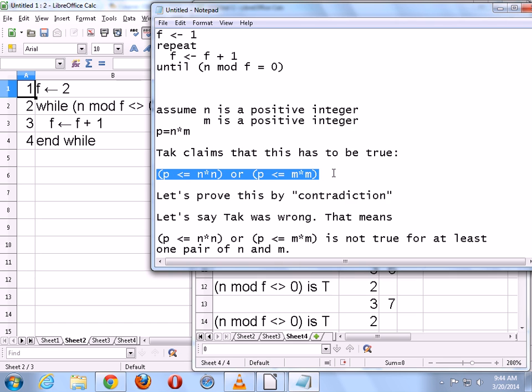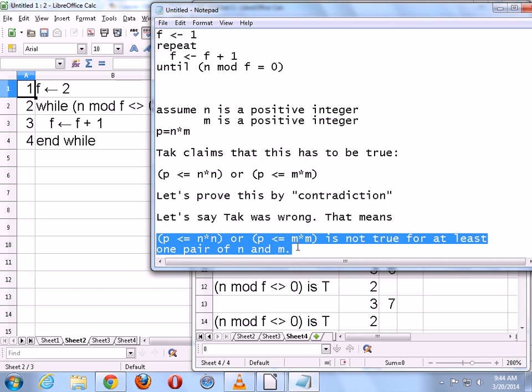So when my claim is incorrect, that means you can find me a counterexample, which also means that this is going to be false for at least one pair of n and m. Is that okay so far? Do you connect what it means for my theorem to be wrong to begin with, and how to negate it? So what does it mean when this thing is false?